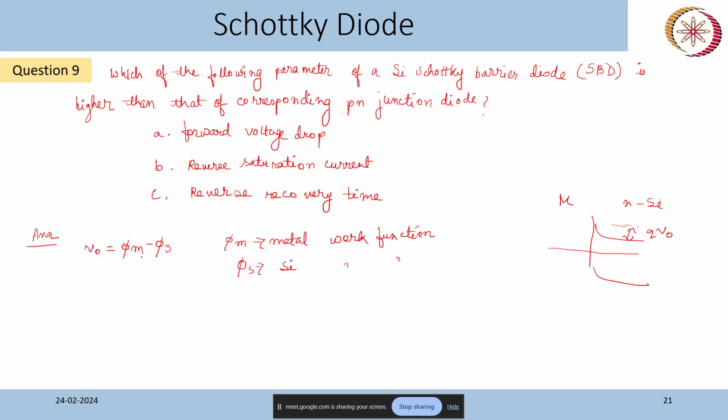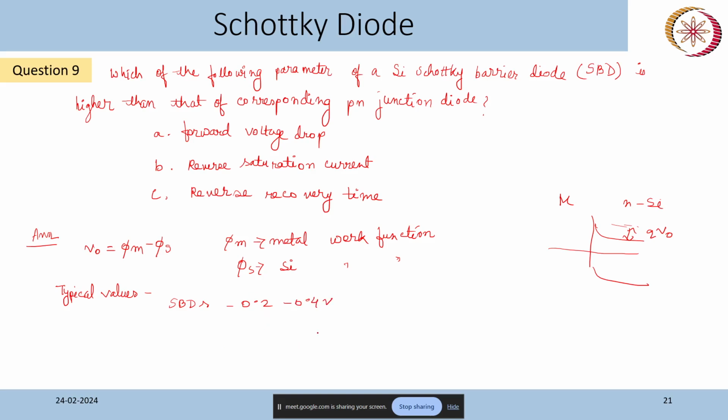So the typical values for V naught in Schottky barrier diodes, you can refer to any book, you will get this, because metal work function values are well known, and then phi s for silicon actually depends on the doping concentration, but this value varies in the range 0.2 to around 0.4 volt.